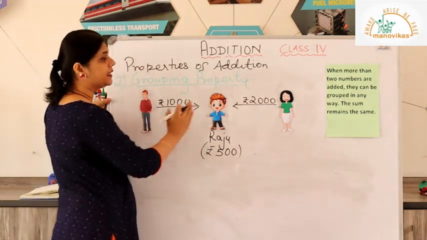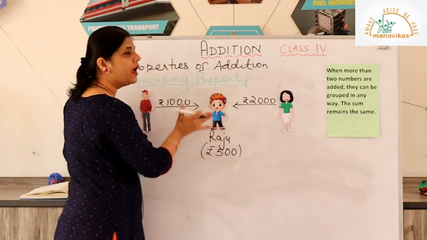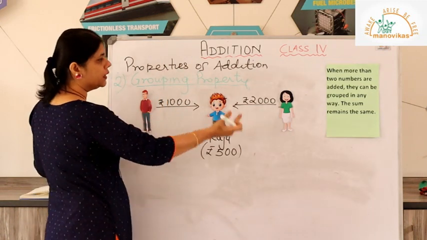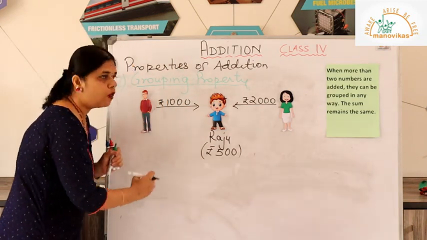Now, since there are three numbers, you can group any two numbers first and then add their total to the third number. Now we'll see how we can do it.